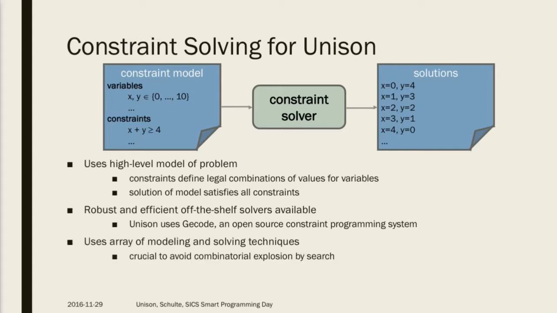Right, and of course, it's not as simple as Peter tried to tell you this morning. The point is, you not only have to model in order to capture the problem, but you also have to model in order to be able to solve the problem, and that can be quite hard.